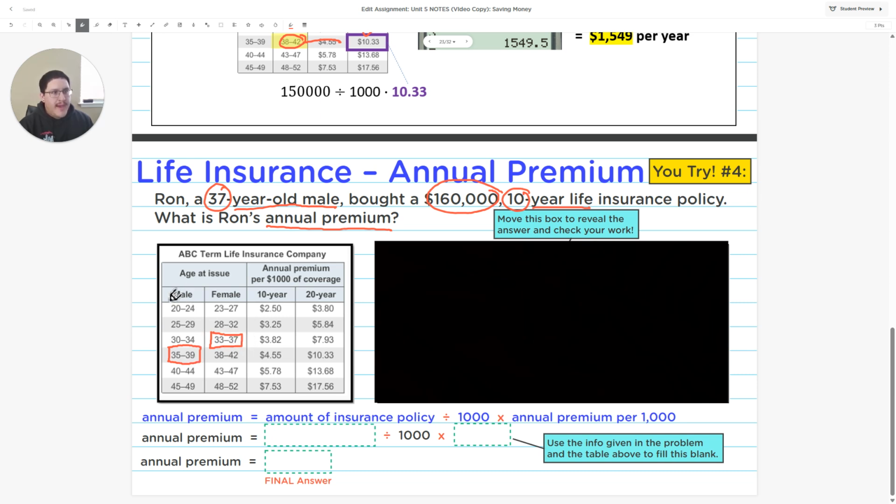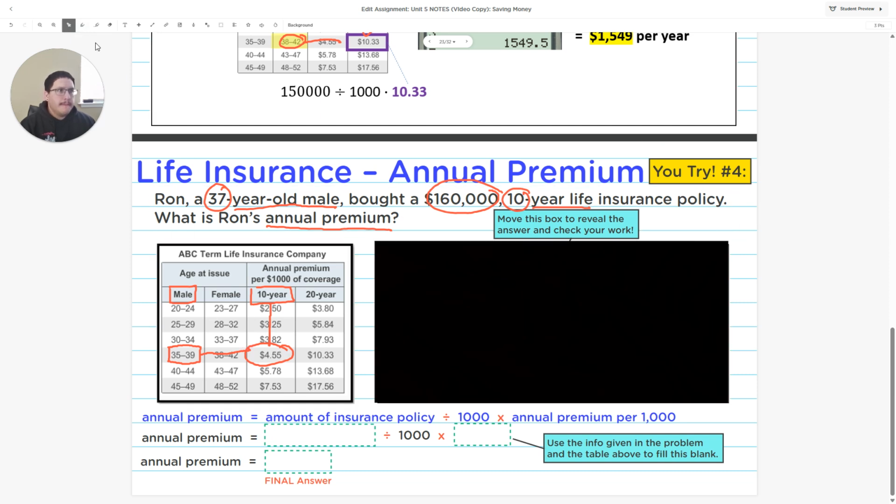So again, pay close attention to whether this person is male or female. We're taking this out for 10 years. And so when we look on the chart, his coverage will be $4.55 per $1,000 covered.